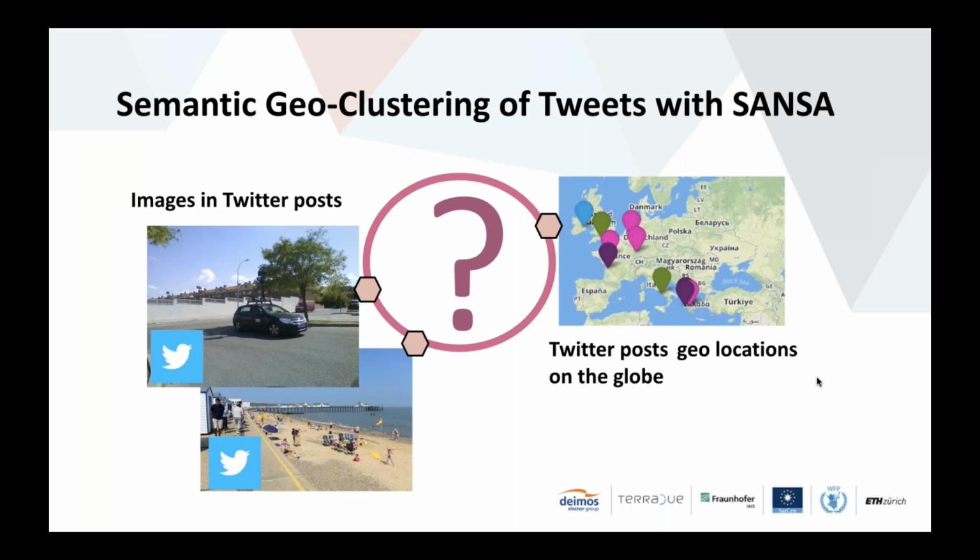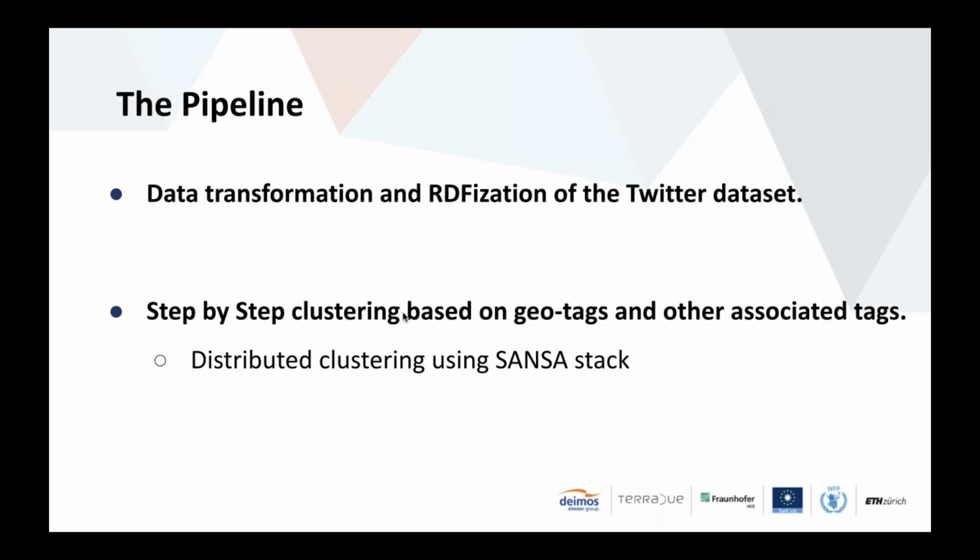How will that happen? We will do it together. So this is a joint type of clustering. The process is that we will do two types of clustering based on one dataset, which is multidimensional. And this is the pipeline.